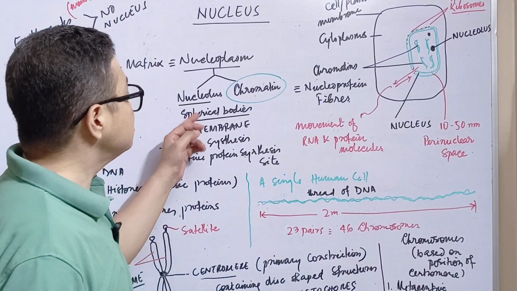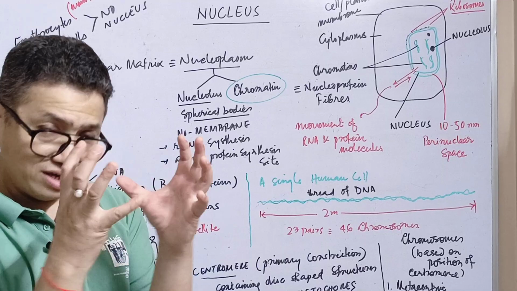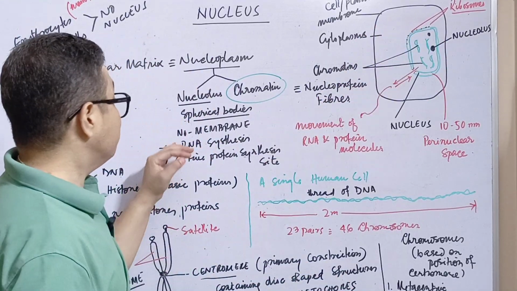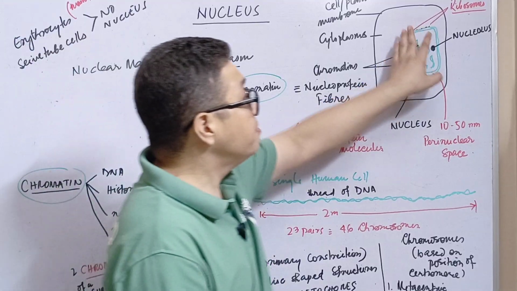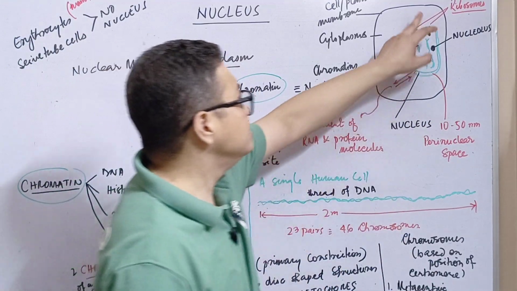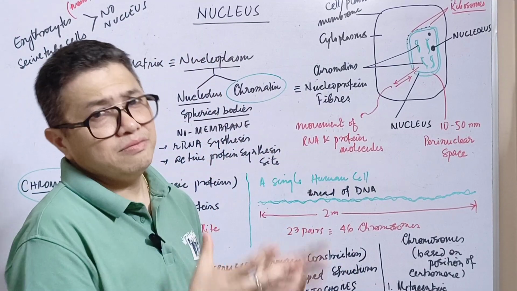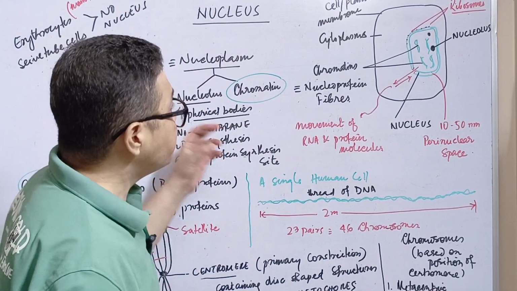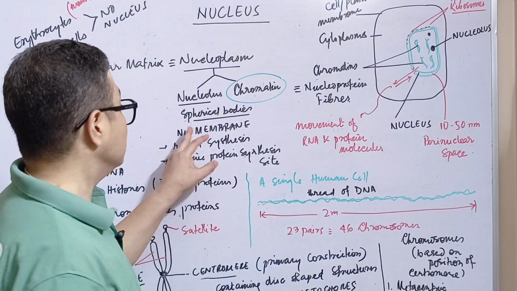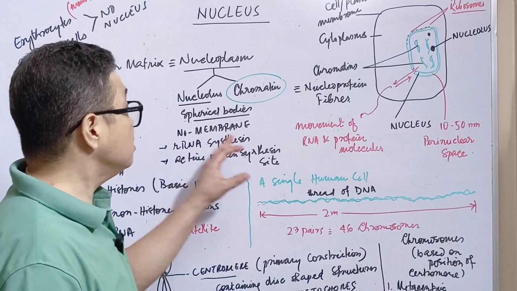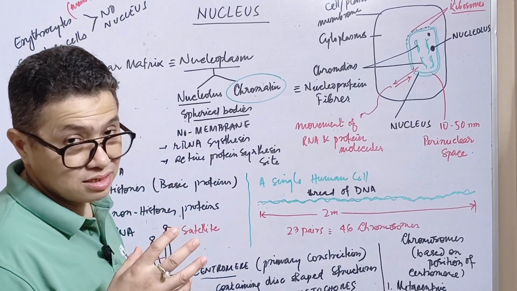So what is nucleolus? They are spherical bodies, round sphere-shaped bodies, रहता है nucleus के अंदर. But they have no membrane. Nucleus का membrane रहता है. Most of the cell organelles that are inside the cell have a membrane, but this particular nucleolus has no membrane. There's no membrane, but it is a site of ribosomal RNA synthesis.